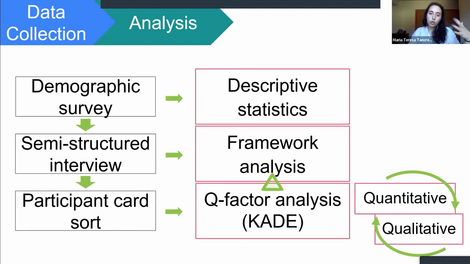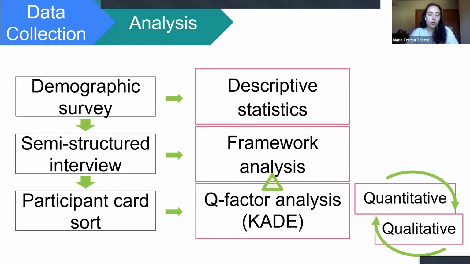So basically we will use the results from the interviews to help interpret our factors, but also to validate our interpretation, to make sure that what we're understanding from the factors actually corresponds to what the farmers meant.